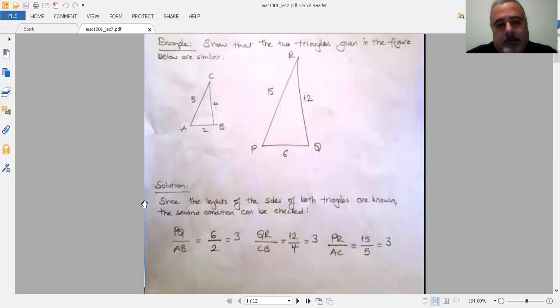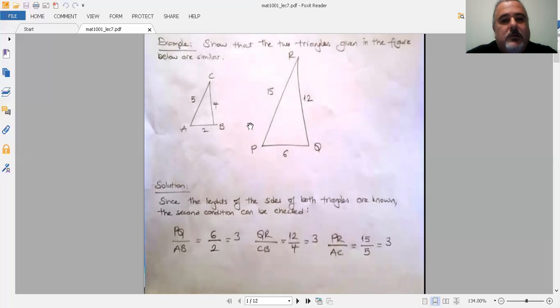We know all the lengths, so we can check if they are similar or not. Let's check length PQ and AB. PQ over AB is 6/2, which is 3.